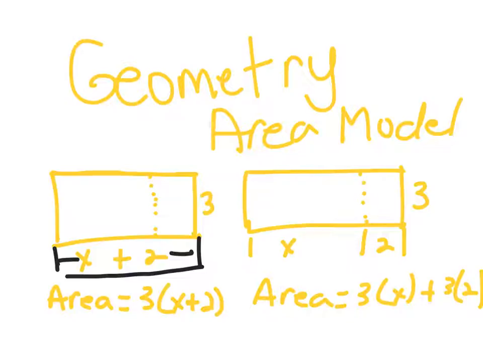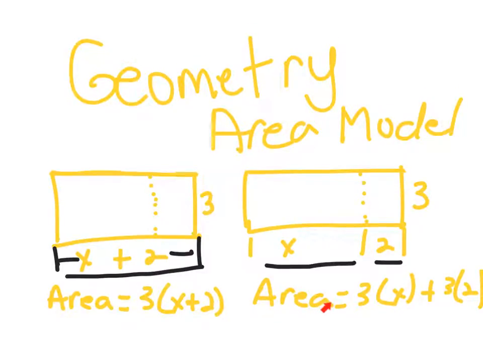Over here on this model, I marked it a little bit differently. We have the x right here and the 2 part. So we can write it out two different ways. We can say area equals 3, which is the width, times x plus 2.